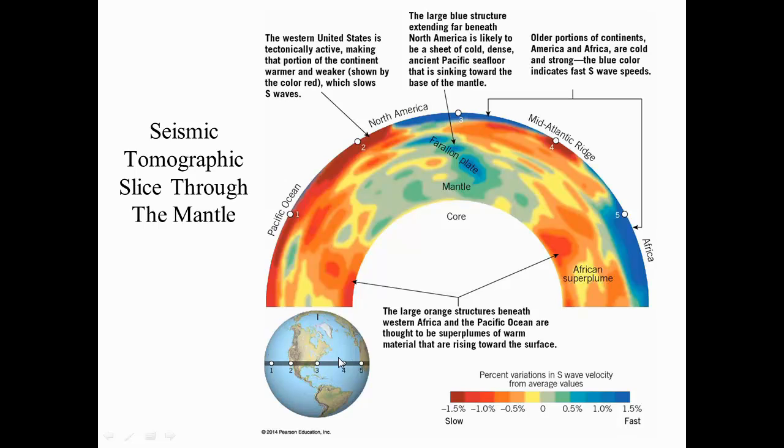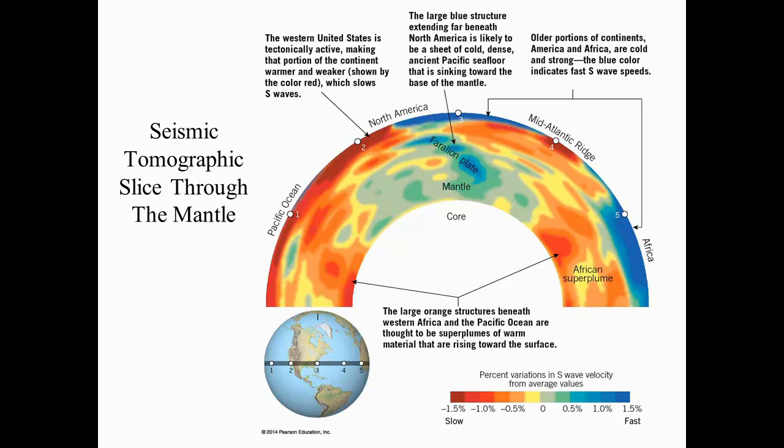This particular cutaway view of the Earth occurs along this profile within this inset numbered 1, 2, 3, 4, 5, where the number 1 corresponds to the Pacific Ocean, the number 2 to North America, number 4 to the Mid-Atlantic Ridge, and number 5 positioned over Africa. So in other words, this is basically a cutaway view or cross-section of the Earth.